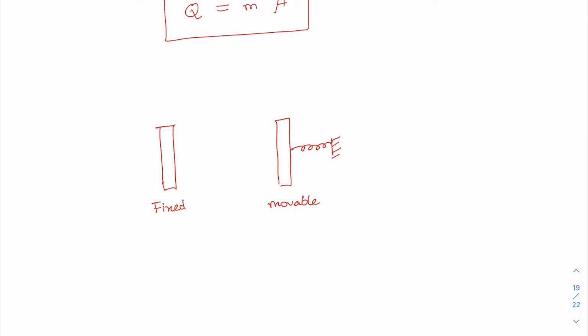If this mirror is not movable, then this is the typical Fabry-Perot cavity, and the length between these two mirrors is say L, while this particular mirror can displace by some amount say X. And this is the typical cavity optomechanical setup, or I can just say cavity optomechanical system. This is a prototype.